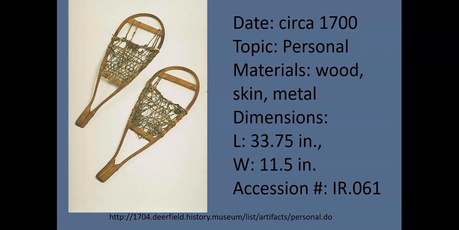They are artifacts in a museum, so they have the date. You can see what they were made out of. They're 33 75/100ths of an inch long, so that's a little less than 3 feet. 11.5 inches wide, so that's a little less than 1 foot wide.